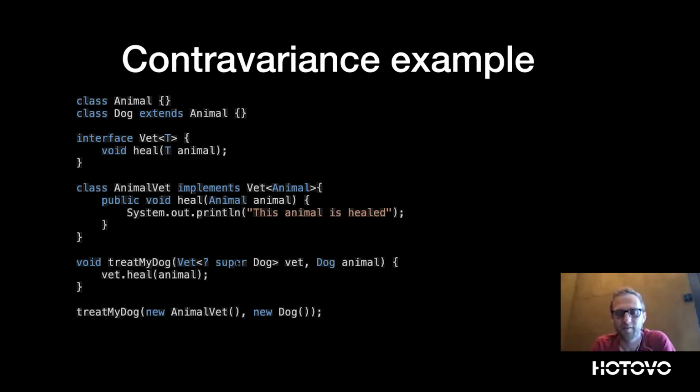If we didn't have this question mark super here, if it was just a Vet of Dog, this would not compile. I wouldn't be able to pass in an animal vet because, as I said, in Java, the classes or the type parameters are not variant, so the compiler would not allow it. But in this way, it's okay.